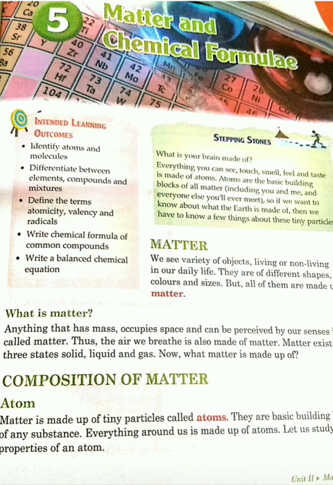For example, you see a book, table, chair, box, your geometry box, your notebooks, your bag, your study table, and so many things around you, isn't it? All these are concluded as matter. So we can say that everything you see around us is considered to be matter.